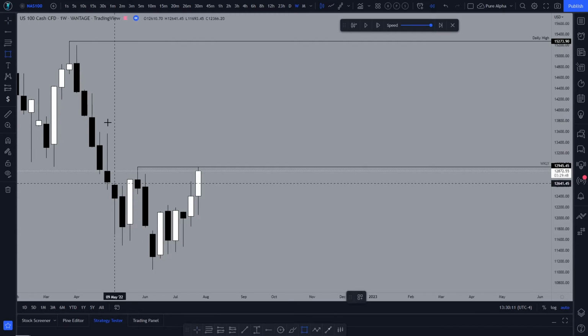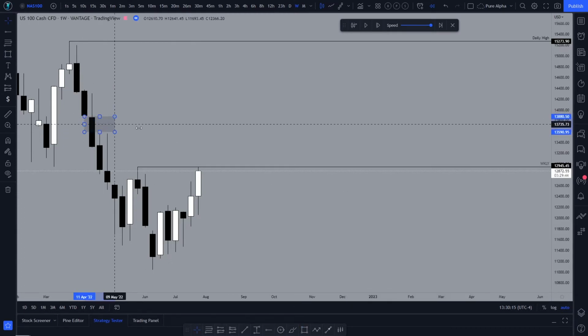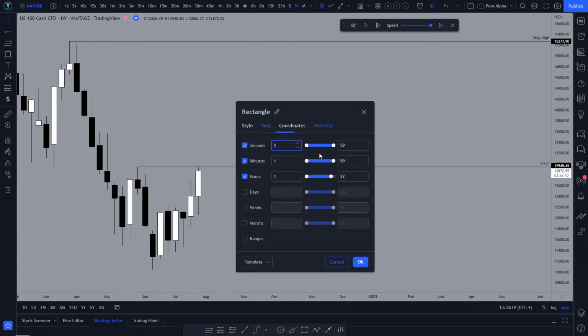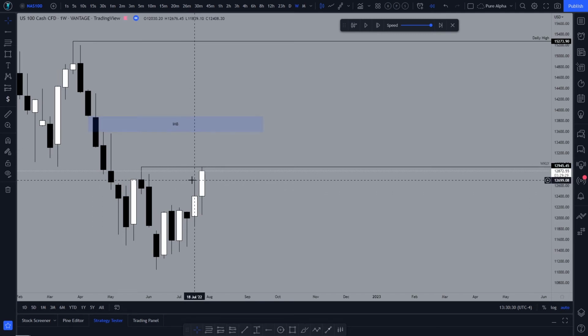Potentially to clear out the imbalance that lies over here. Weekly right over here. So if price were to take out this level here, we can probably just expect price to come back, fill in the imbalance that it leaves over here, right? And this imbalance isn't solidified yet, but let's just call it a future imbalance.